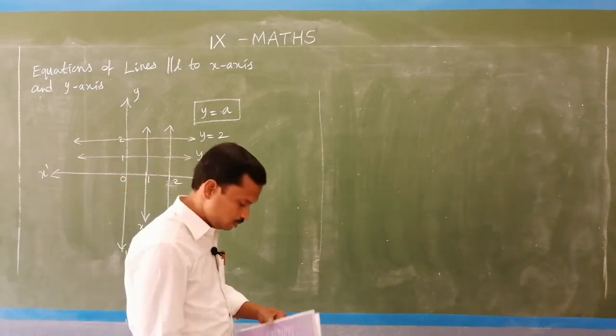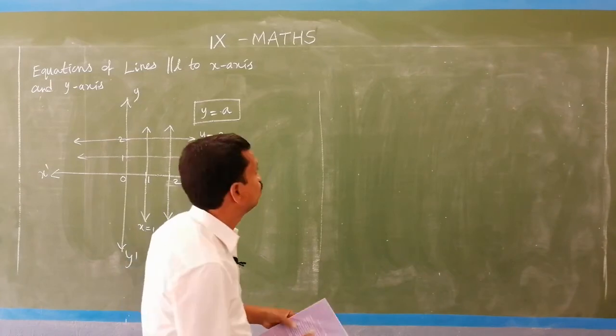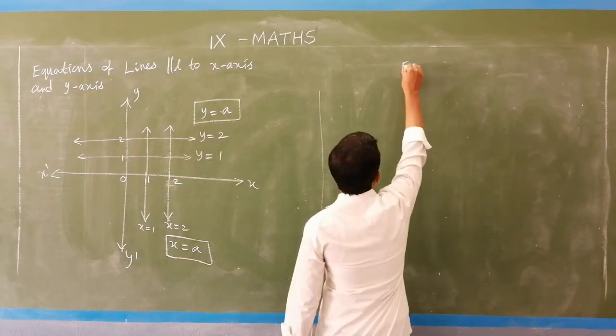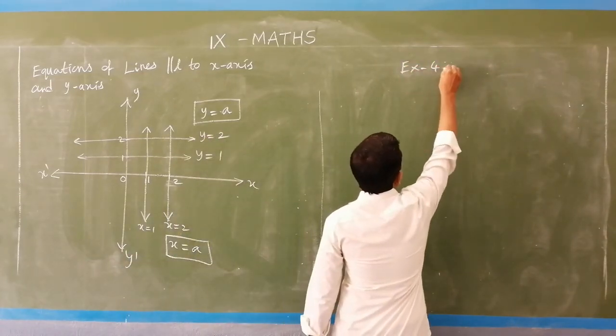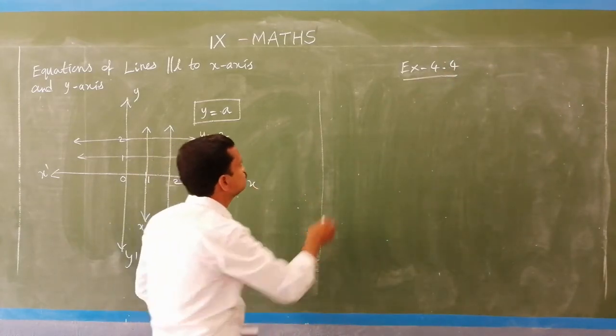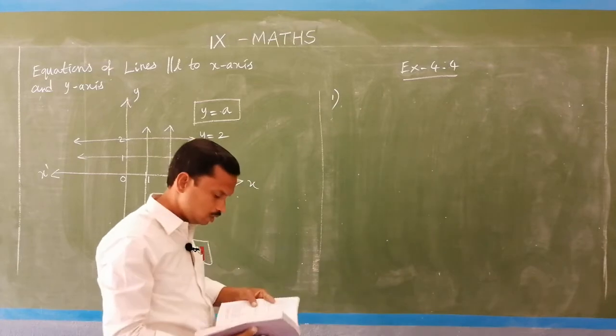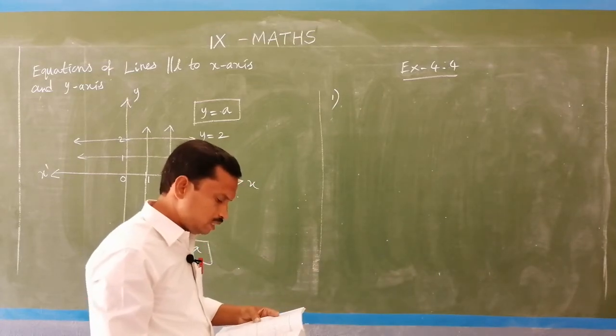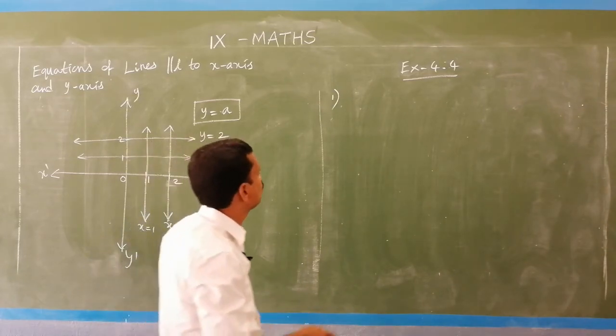And now coming to the 4.4. First one, they are asking, give the geometric representation of y equal to 3 as an equation. Okay, y equal to 3.